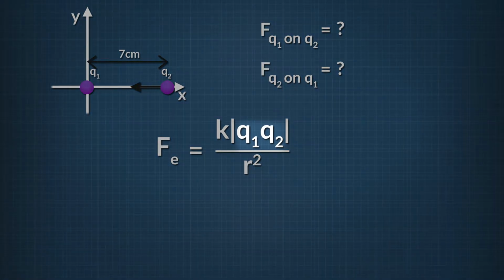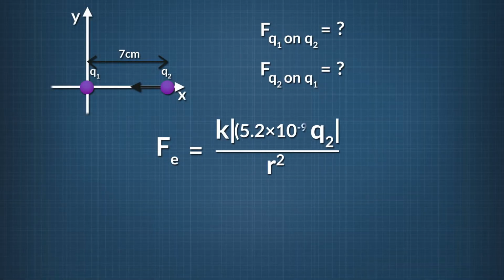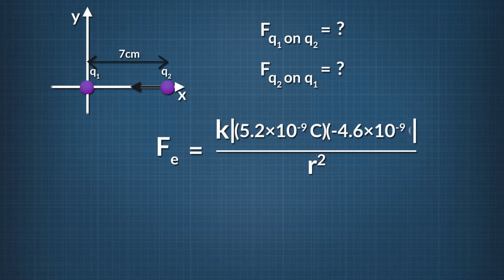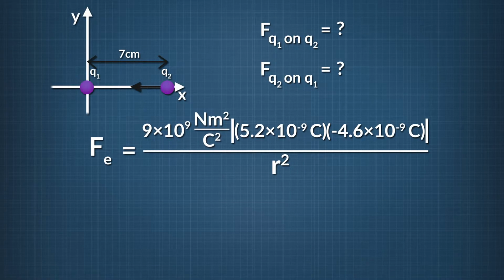We'll insert our charges, then our constant K, and divide by the distance between the charges squared. 5.2 times 10 to the negative 9th coulombs times negative 4.6 times 10 to the negative 9th coulombs times our constant K, which is 9 times 10 to the 9th Newton meters squared per Coulomb squared, all divided by the radius, which is 0.07 meters squared.